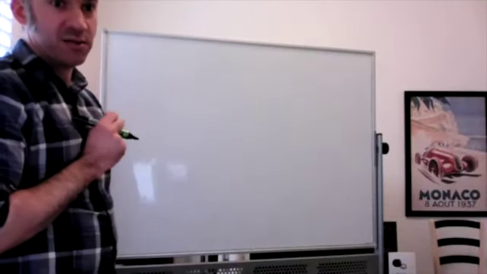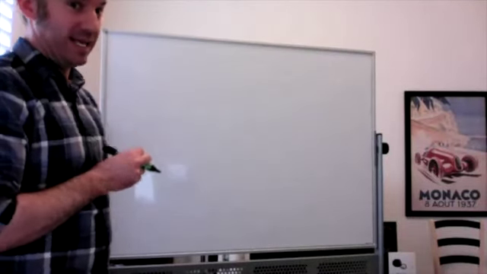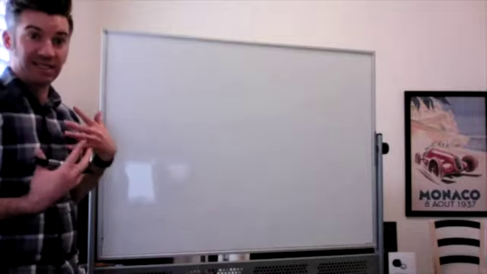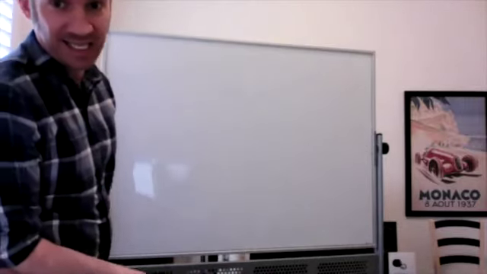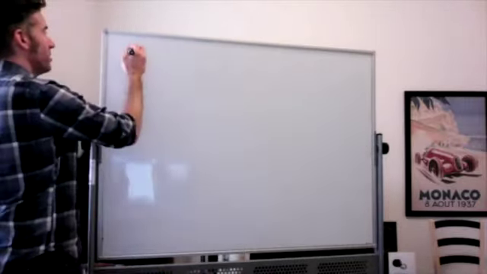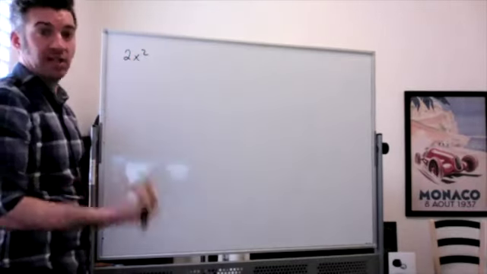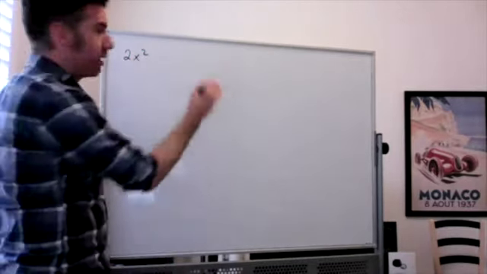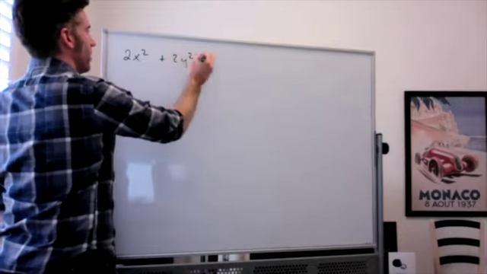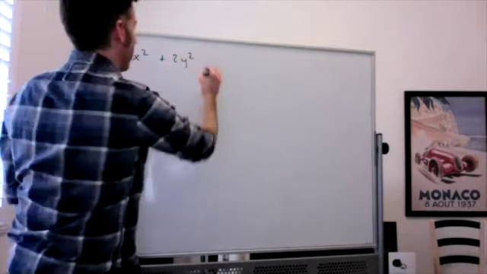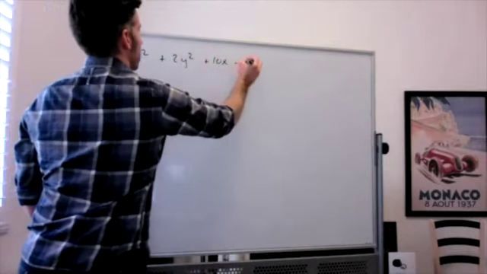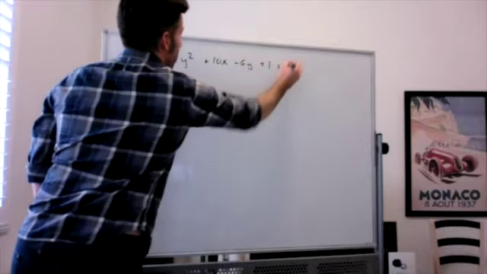But sometimes equations of circles are not written in the nice standard way where you can easily see the center and the radius. Like in this next example, here's the equation of a circle. 2x squared plus 2y squared plus 10x minus 6y plus 1 equal to 0.